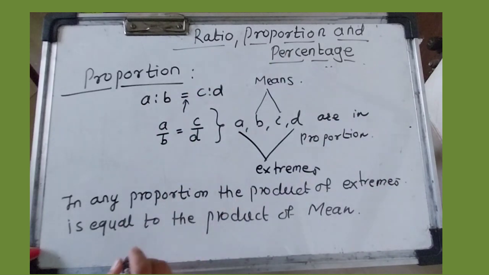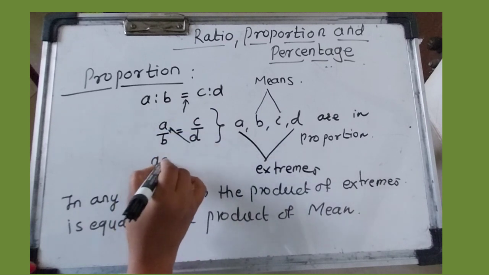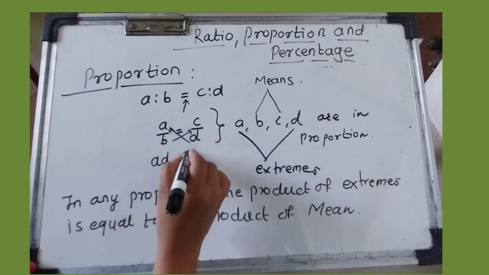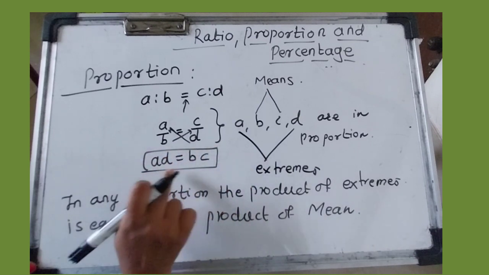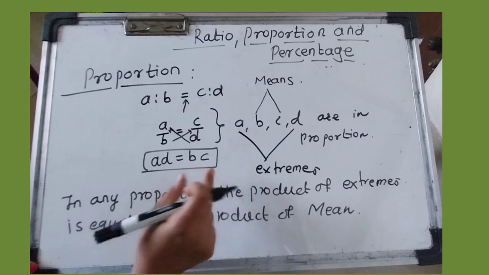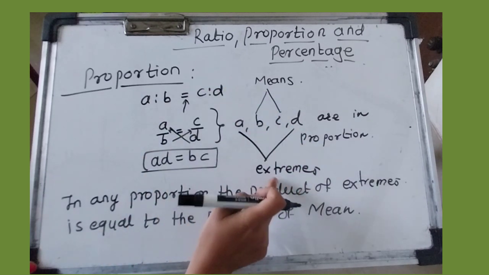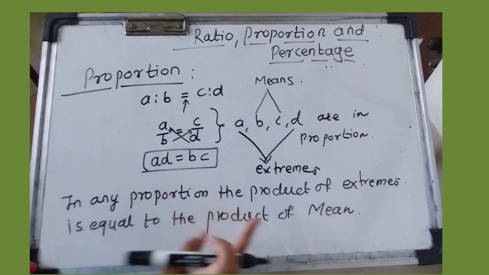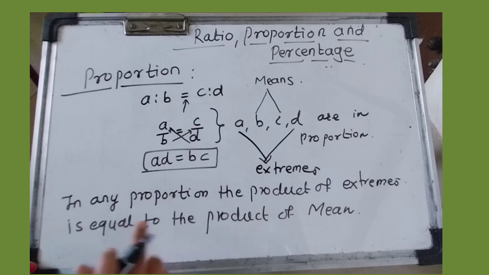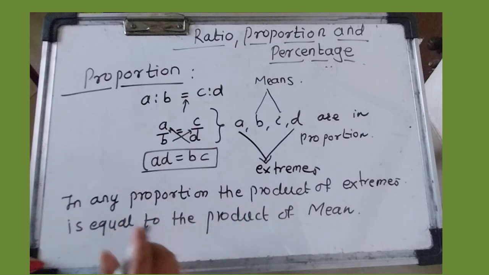What do we write here? If I take the cross multiplication, AD equal to BC. So we get product of extremes equal to product of means. BC is the means and AD is the extremes. Clear? So proportion is what? The product of extremes is equal to the product of means. Clear?